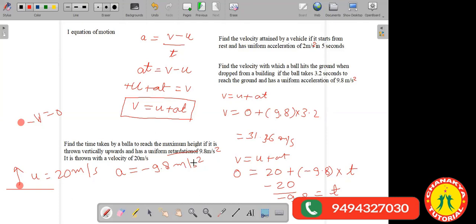Now, what concept are we extending here? We can find out, if the acceleration is uniform, the value of average velocity. This is applicable only if the motion is uniformly accelerated.